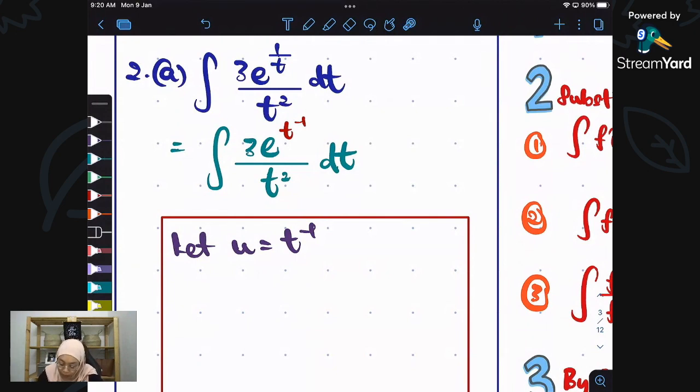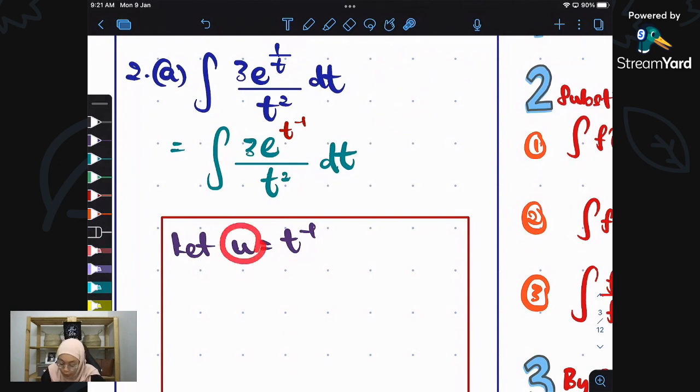This is where we start to change this into u. That's why the first step for substitution is always let u. But you must be smart and make sure you choose the correct u. So now always remember the power: for an exponent question, make the power of the exponent your u.